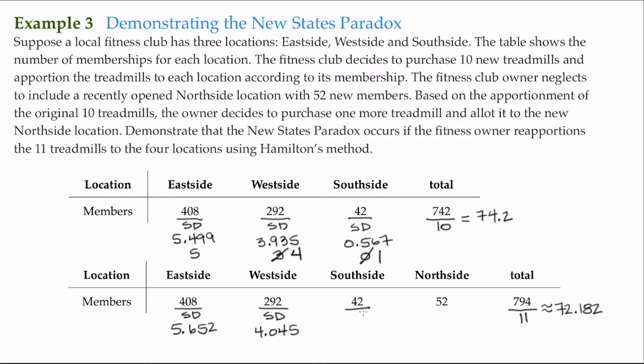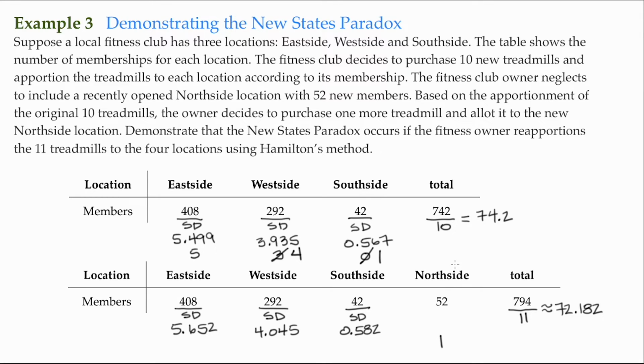For the south side, go ahead and divide by 72.182, and this is 0.582. And for the north side here, there's no reason to do that. He's already allotted 1 treadmill to the north side.